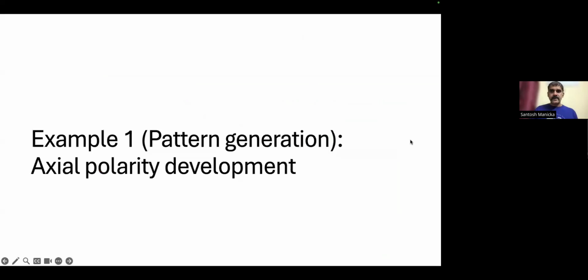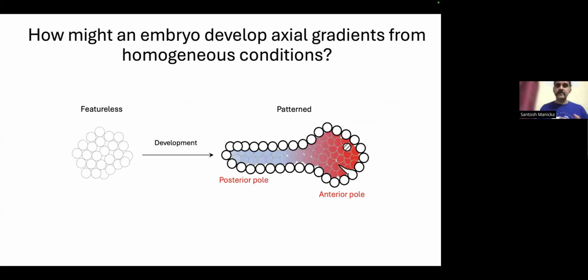Okay. All right. So let me start with the first example, which is the simplest of the three, in my view. In biological systems, embryos, it's almost like a universal phenomenon that a featureless set of cells that typically look like some sort of blobs that have many symmetries develop some sort of axial gradient, some sort of axis that has a gradient.